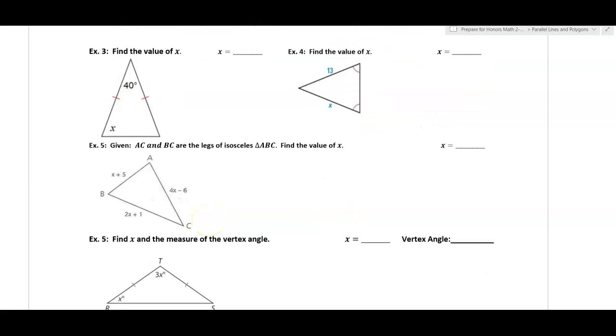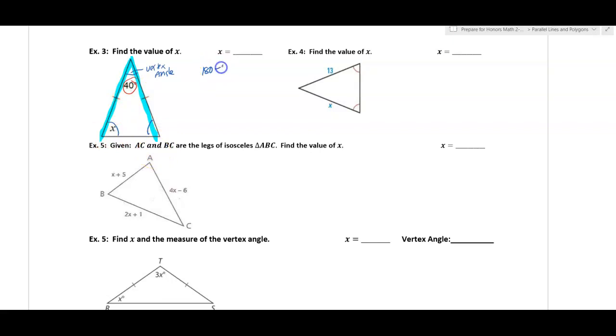So now the next one, they basically tell us this is 40 degrees. But if I mark the sides that are congruent, you have to recognize that this here is the vertex angle. If that's the vertex angle, to find a base angle, here's what we have to do. We have to take 180, because what do all three angles in a triangle have to add up to? 180.